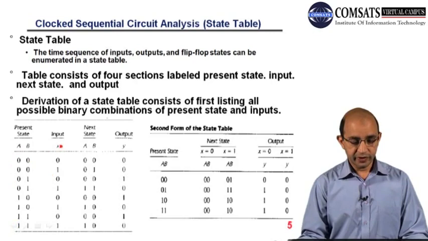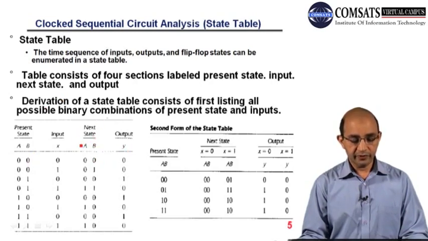As we have mentioned in the steps, this is the state table, and we have placed all the possible combinations of the present state and the input. Then in the third column we have the next state, and this is the output. After having the equations, we have to put all the values in those equations, and then we will be able to compute the next state and the output.